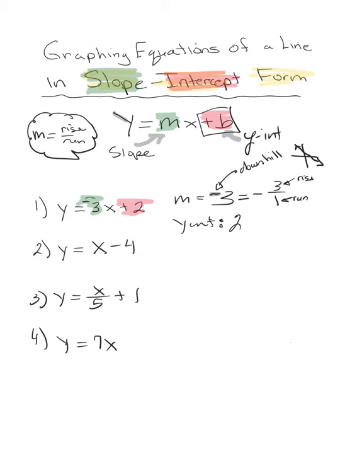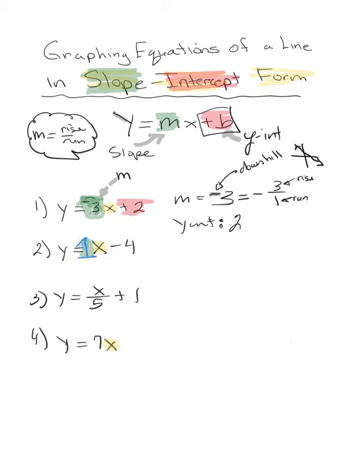What about problem number 2? What's the slope? Remember, the slope is what is being multiplied to the x. Notice there is no coefficient there, unlike the -3 in the last problem. When there's nothing in front of the x, that means the coefficient is 1.